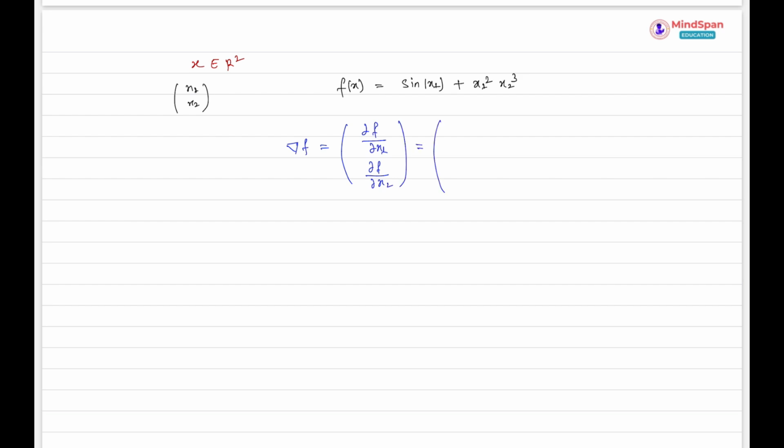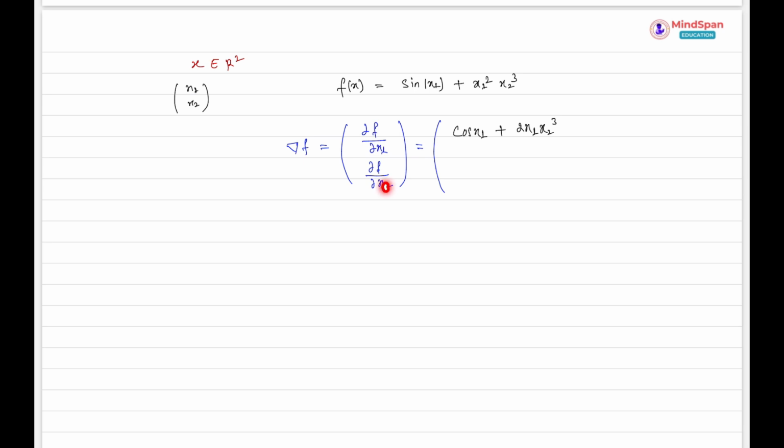Now when you are doing the partial derivative with respect to x1, you just need to keep the other variable fixed, right? So in that case, the partial derivative would be cos x1 plus 2x1 x2 cube, right?